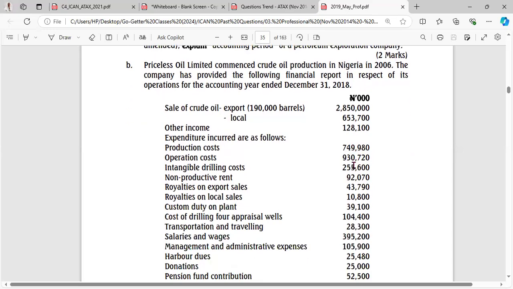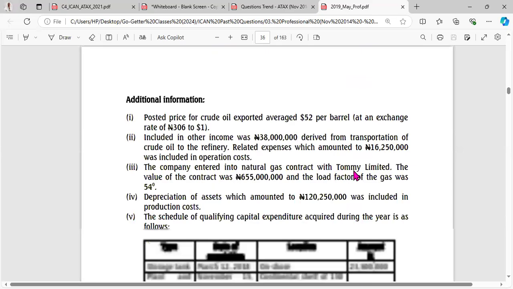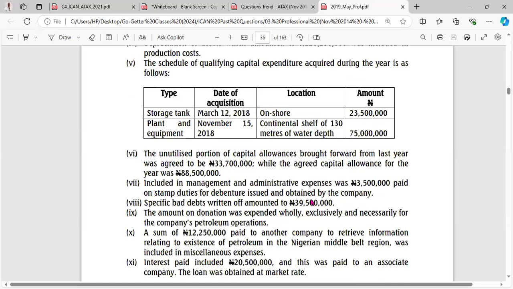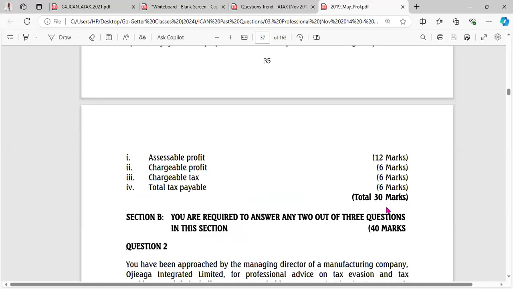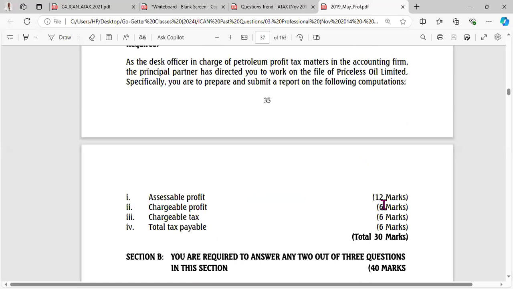So the B part has the remainder of the 28 marks. Here, this is 12 plus 12, 24, plus 6, 30. This 12 marks is somehow not 12 marks.